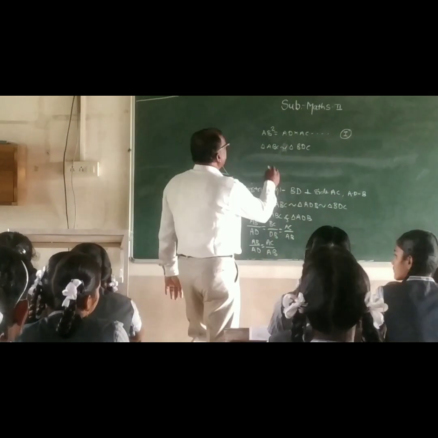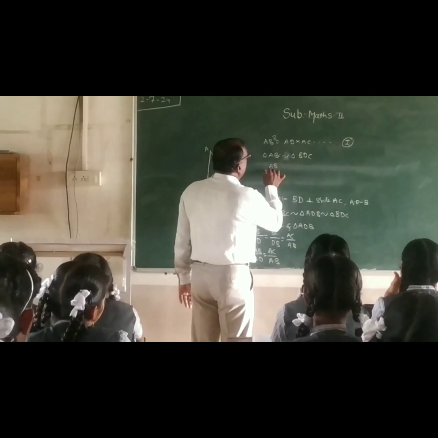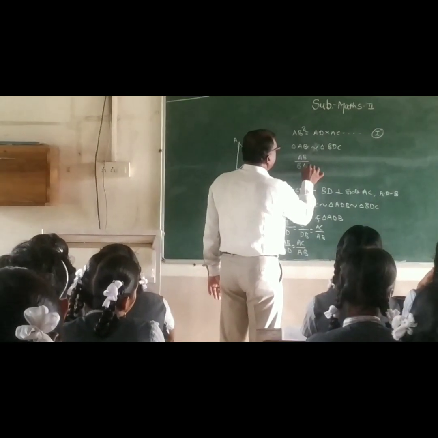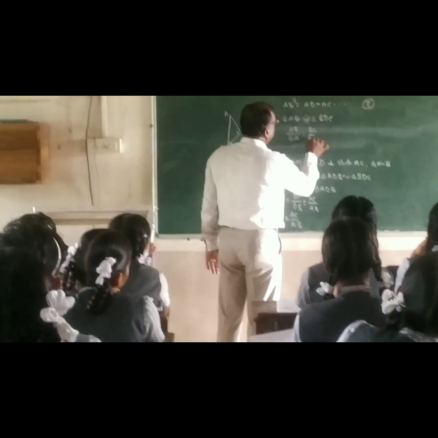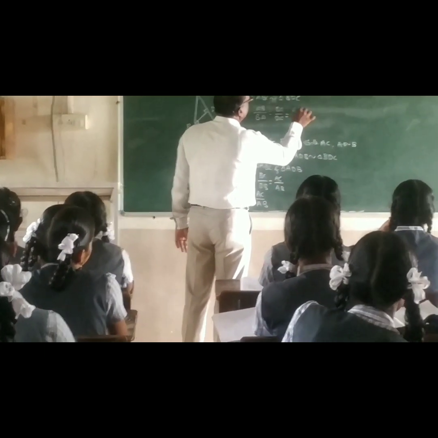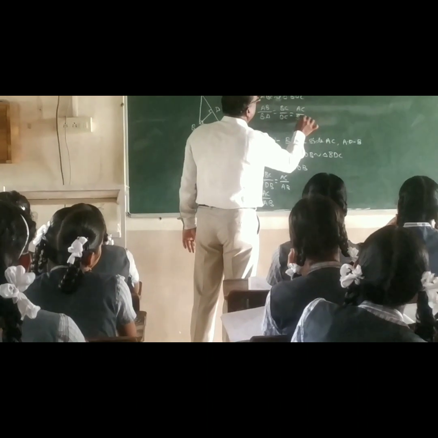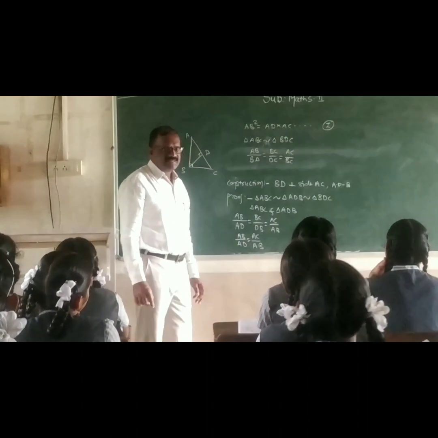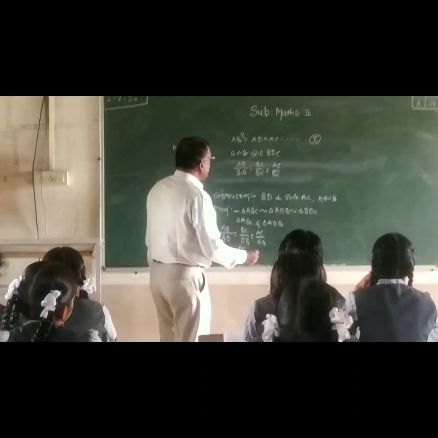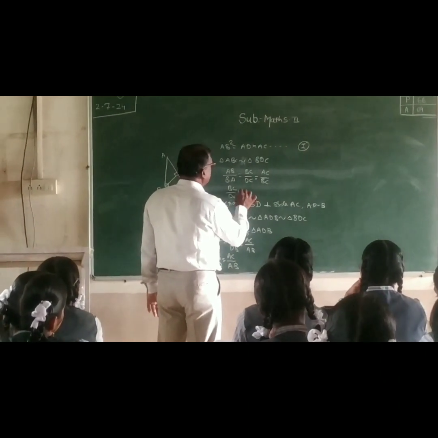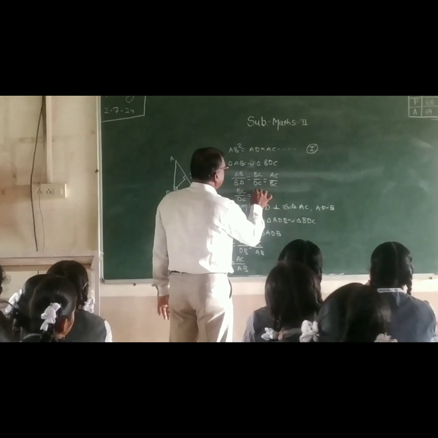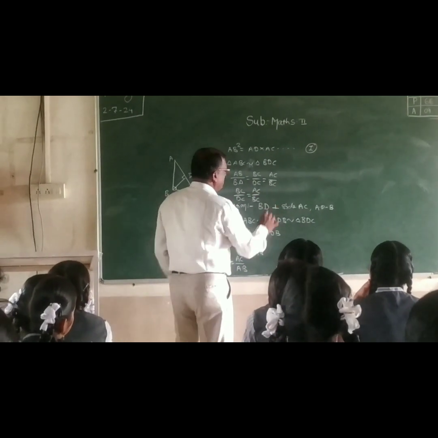So AB upon BD, BC upon DC is equal to AC upon BC.